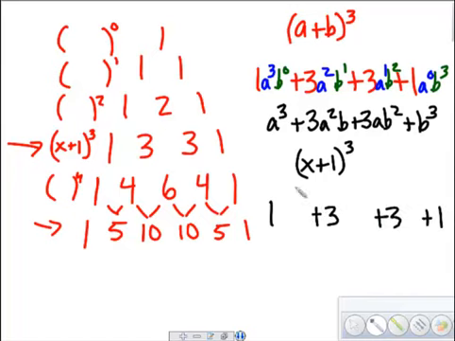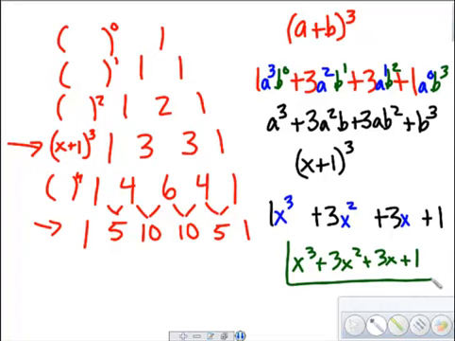Now I'm going to take the x and raise it to the power of 3, the power of 2, the power of 1. And then I don't have to put it down here because anything to the power of 0 is just going to cancel out, right? And now I'm going to do the 1. What's 1 to the power of anything? Isn't it just going to be 1? So really, we're done here. So this will just be x cubed plus 3x squared plus 3x plus 1.